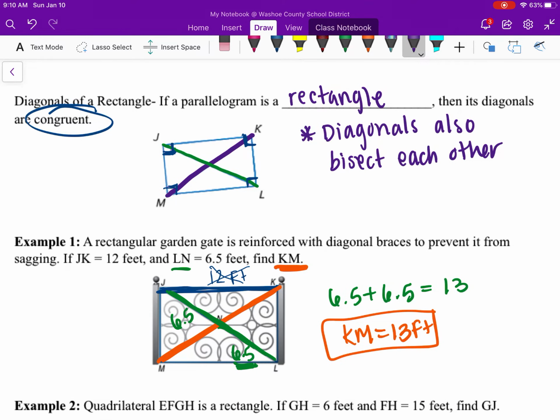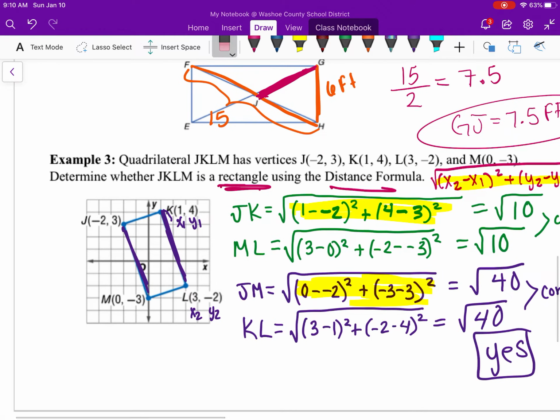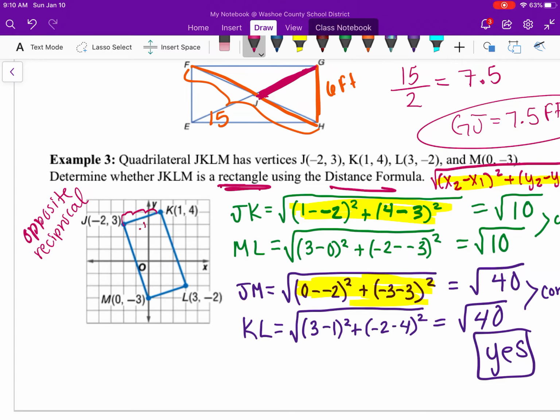One step further to make sure for sure these are rectangles. Something that we talked about at the very beginning is that rectangles also have a 90-degree angle. That's what makes them special. And in order for me to create 90-degree angles in my picture, I need opposite reciprocal slopes. Opposite reciprocal slopes.